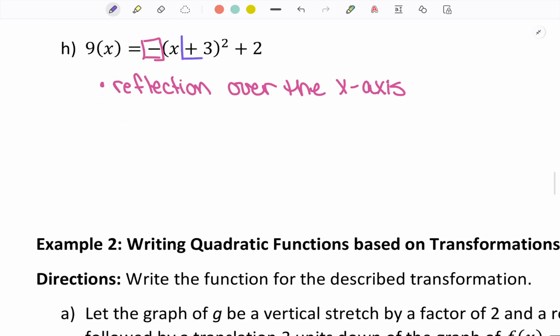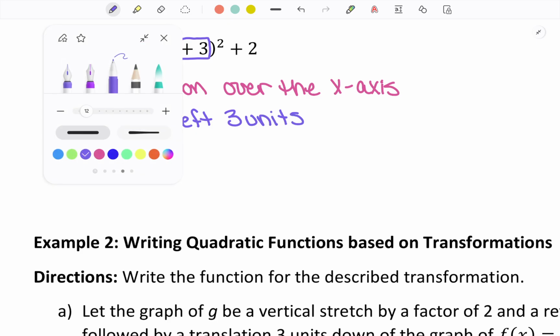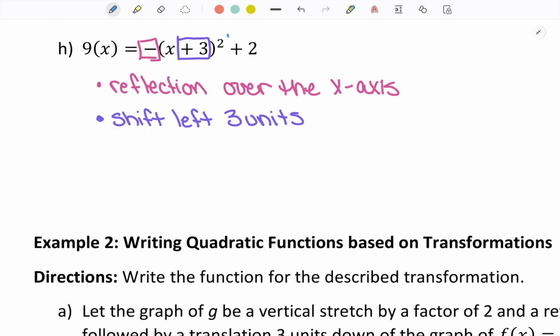And then the +3, that is on the inside of the parentheses, and so you will shift to the left 3 units, and then the +2, that will shift us up 2 units.